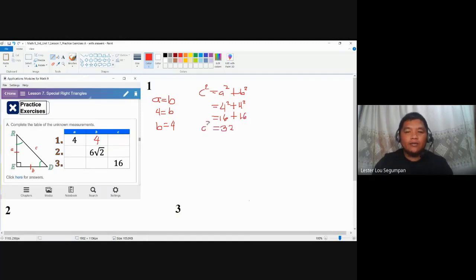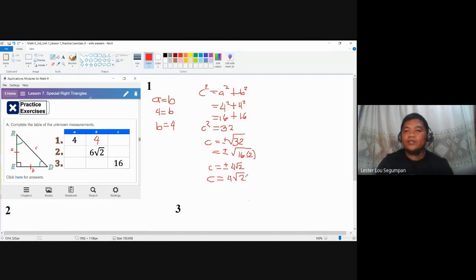Then take the root of both sides: positive or negative square root of 32, which is positive or negative square root of 16 times 2. Take out 16, you have positive or negative 4 square root of 2, which could be trimmed down to an acceptable value for measurement, which is positive 4 square root of 2.